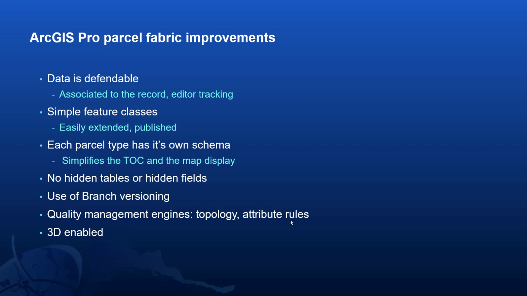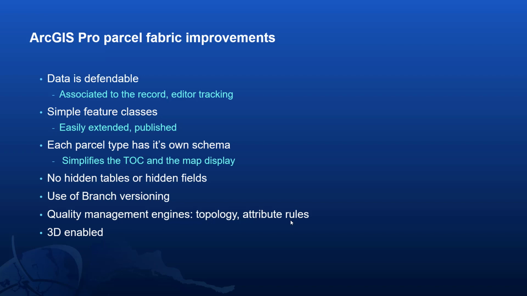You can easily extend any of those feature classes with your own attribution and publish whichever fields you see fit. Each parcel type has its own schema that makes the map simpler than it used to be, and you can create as many maps with whichever feature classes make sense for your purposes.